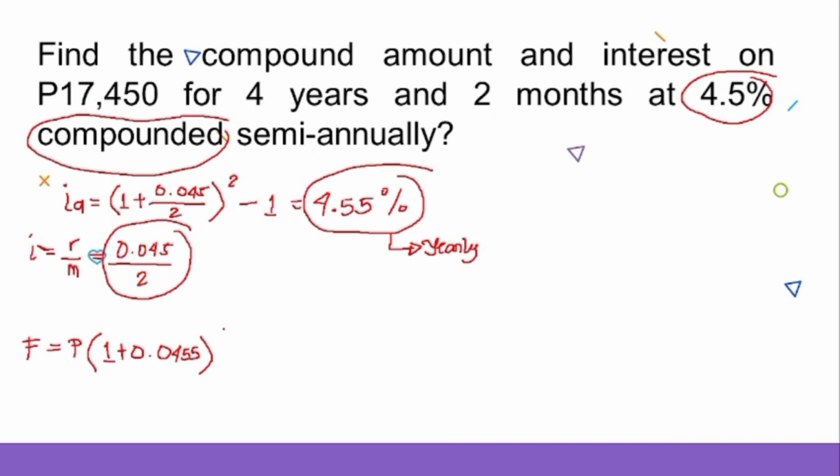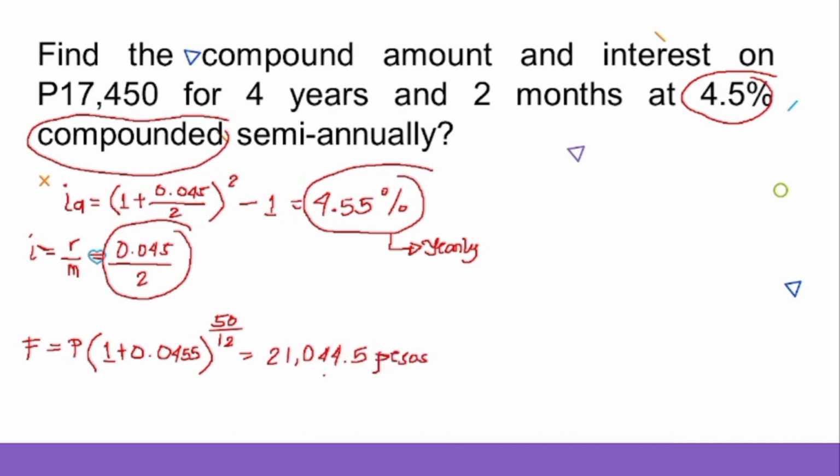So that is 4 times 12 is 48 plus 2 months is 50 months. So that would be 50 over 12. So this is equal to 21,044.5.